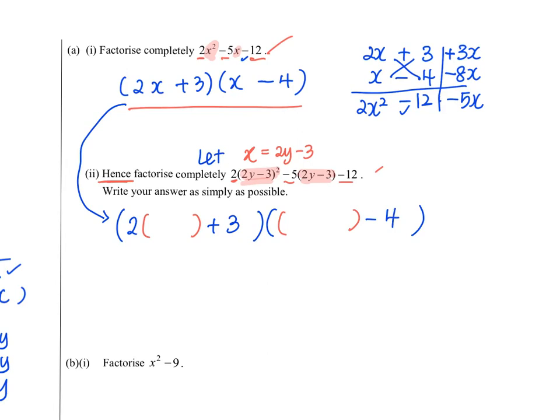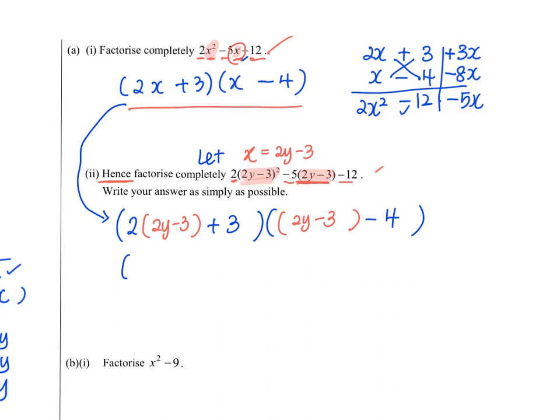What did we discover x to be? X is the same as 2y minus 3. So x now becomes 2y minus 3. So now we have already done the factorization, but we need to write it as simply as possible.